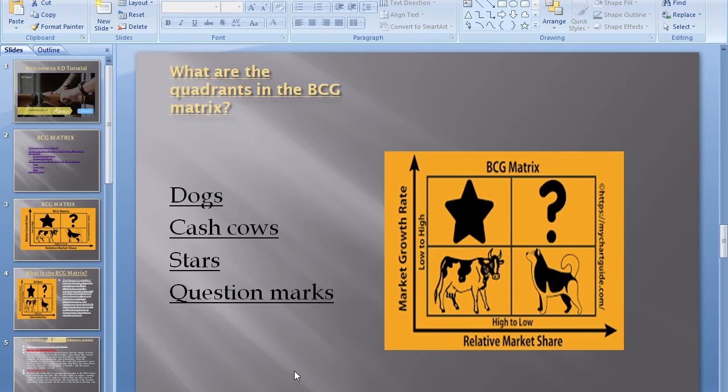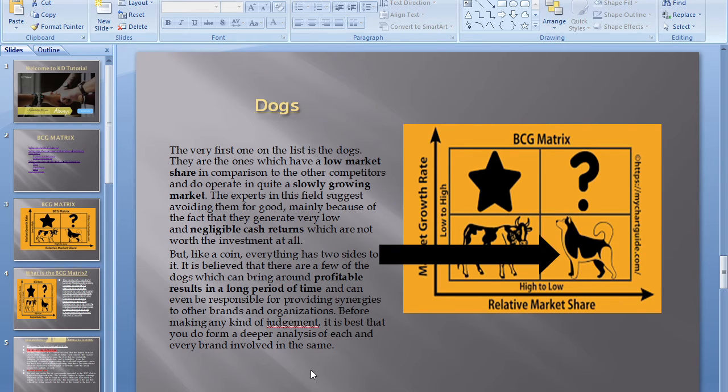Next, there are four quadrants in the BCG matrix: dog, cash cow, star, and question mark. Let's discuss the first quadrant, dogs. Dogs are those products that have low market share in comparison to competitors and a slowly growing market rate.